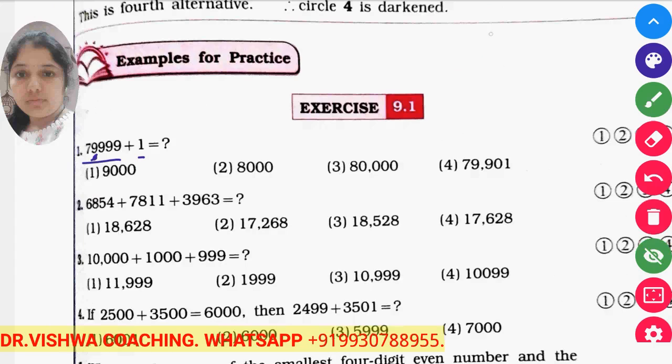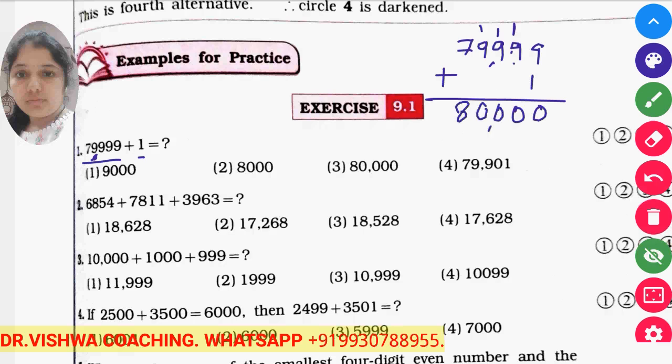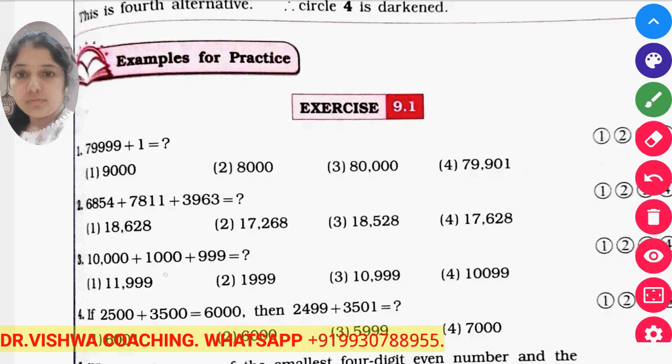You can add by taking it aside or putting it on the board. 79,999 plus 1, 1 plus 9, 10. 1 will be carry forwarded. 1 plus 9 again 10, again 0 will come down and 1 will be carry forwarded. Likewise, it becomes 80,000. So your correct answer is option number 3.